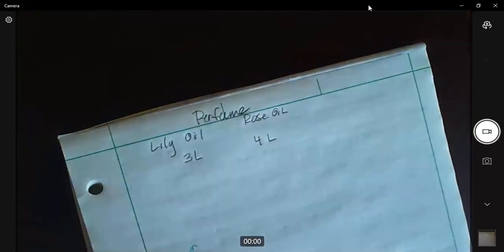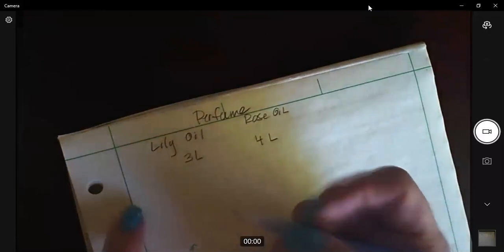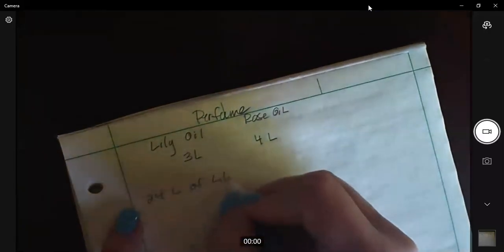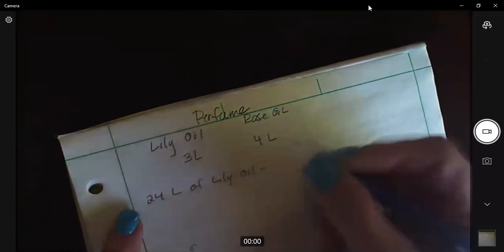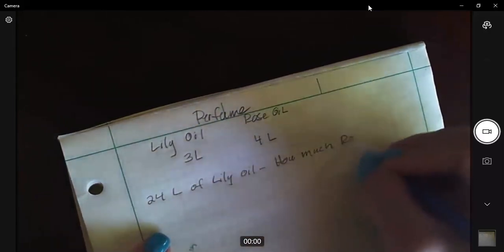So our part is 3 to 4. Okay, so the question on this is, let's say we have 24 liters of lily oil. So how much rose oil is needed?